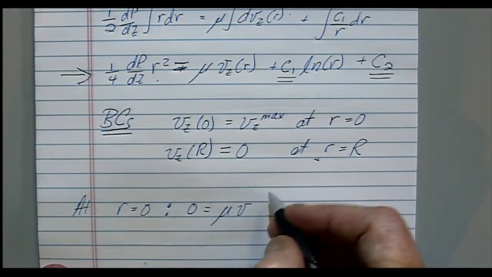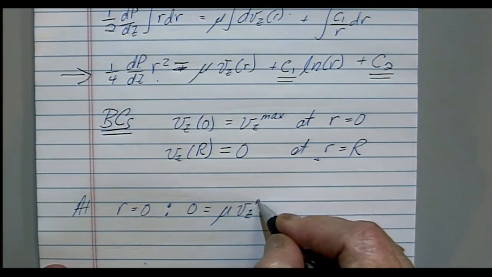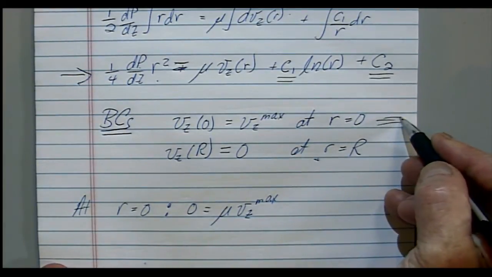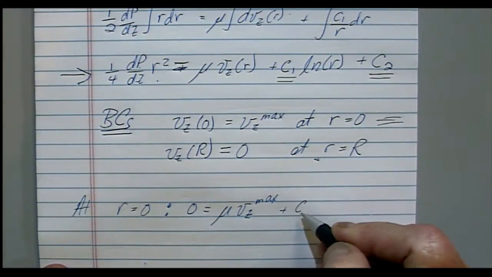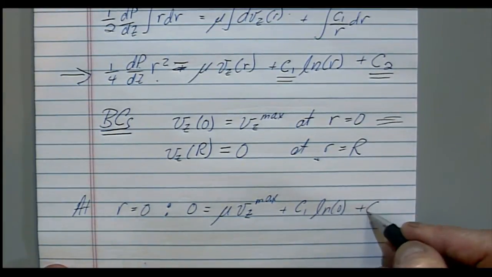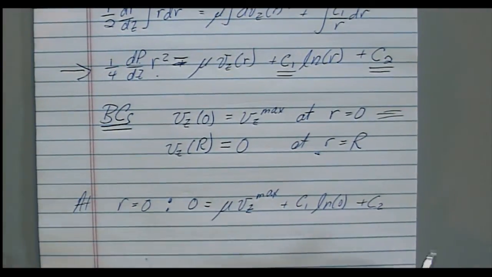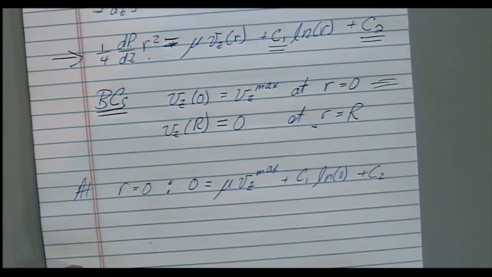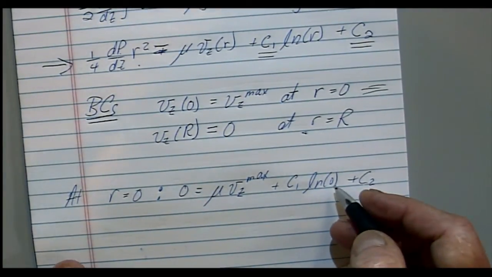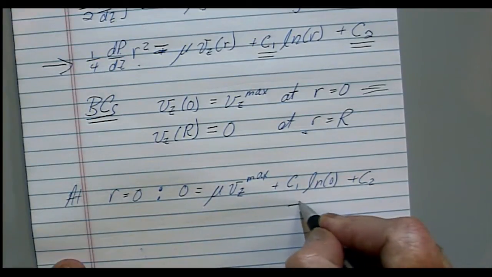So I have mu times v, the velocity at the center of the chamber, which I said was v max. So it's this boundary condition, plus c1 times the log of 0, plus c2. Okay, and if you quickly think back to when you learned about logs, you hopefully will remember that the log of 0 goes to negative infinity, right?